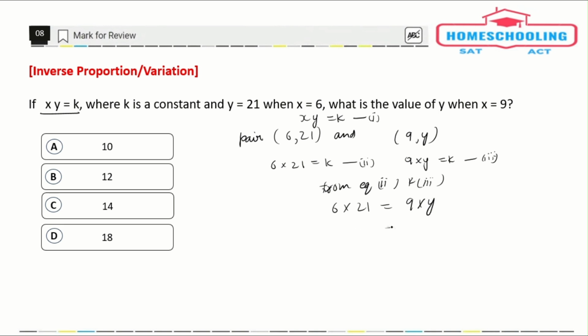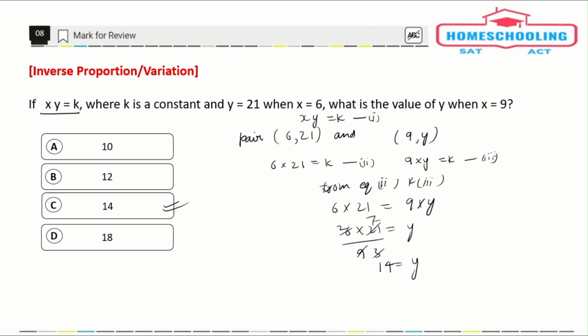From this we can find the value of y. 6 into 21 by 9: 3 2 times, 3 3 times, and 7. So the value of y is 7 into 2, which is 14. So 14 is your correct answer.